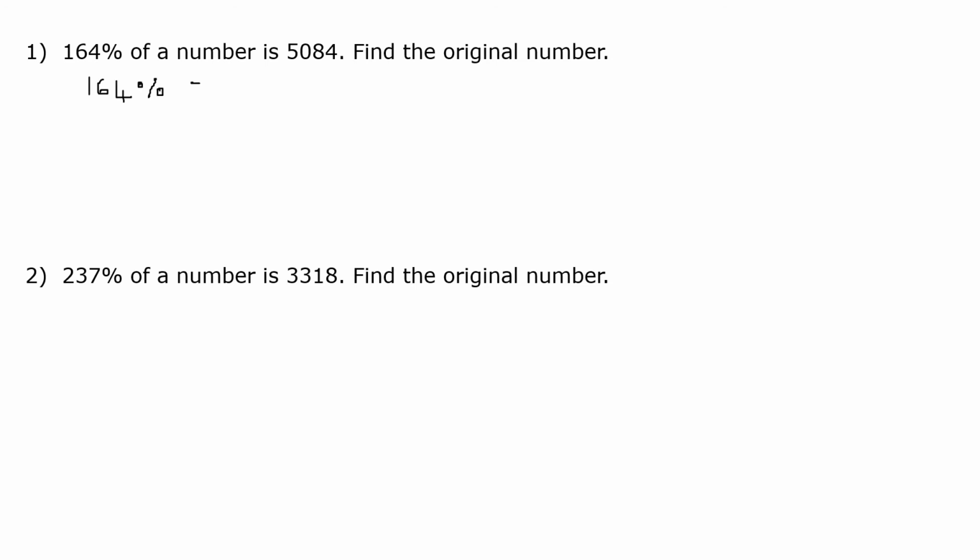164% is equal to 5,084. Going to do exactly what we did on the previous slide. We're going to find 1% first. So we're going to divide by 164 on both sides.